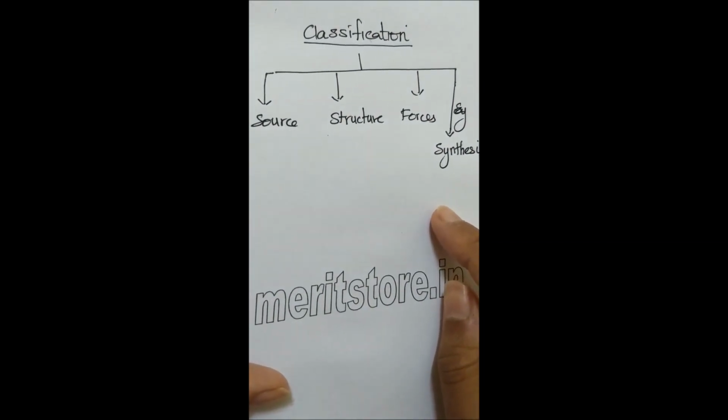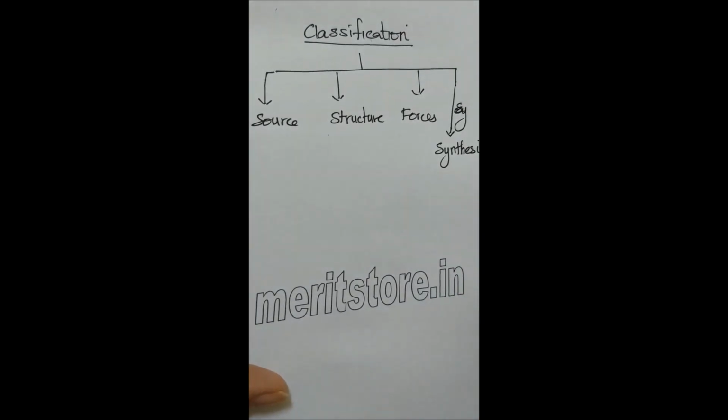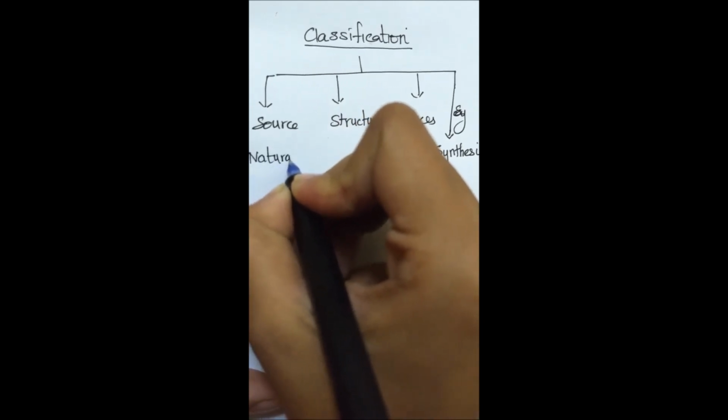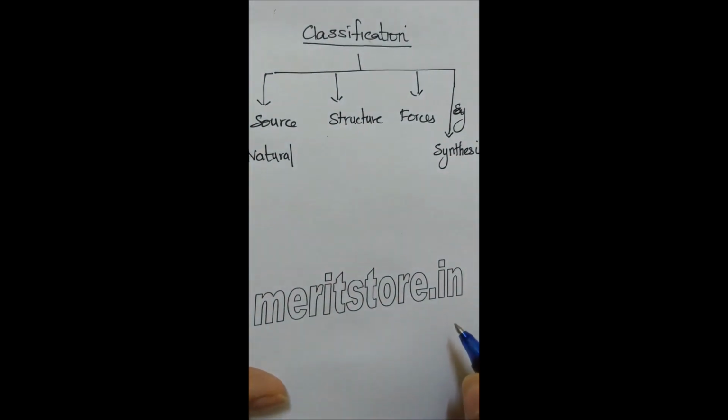Let us look at our first classification, which is on the source. There are three types of polymers based on the source. Natural polymers, as the name suggests, are polymers of natural origin, that is, from plants and animals. A simple example could be starch.